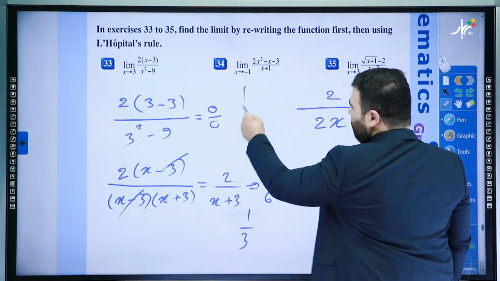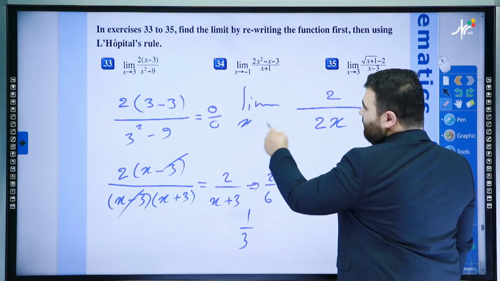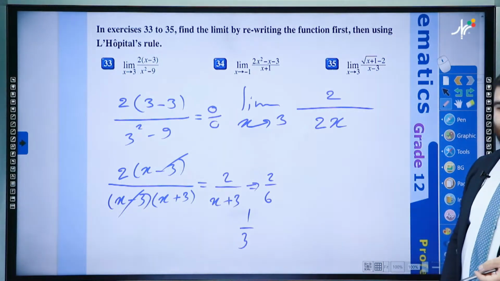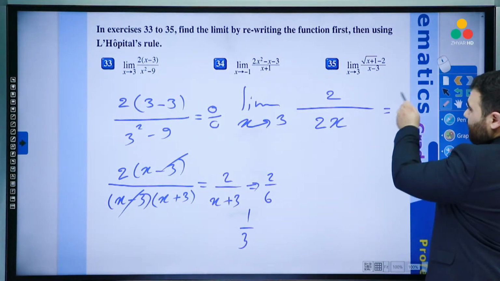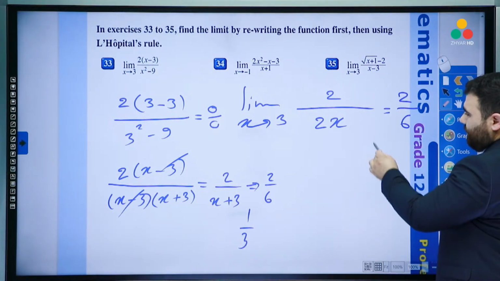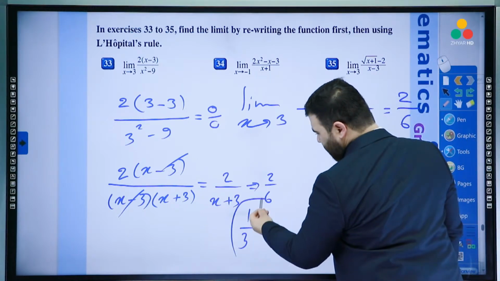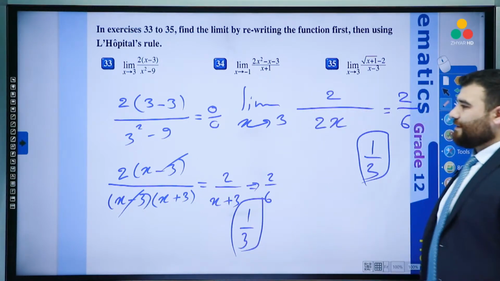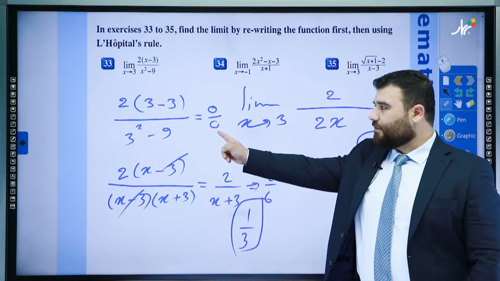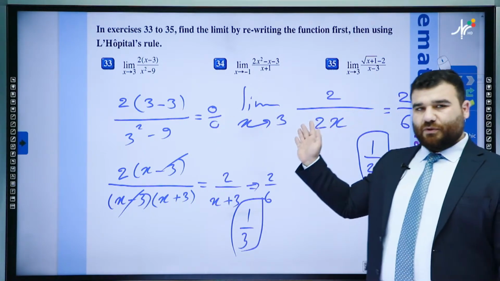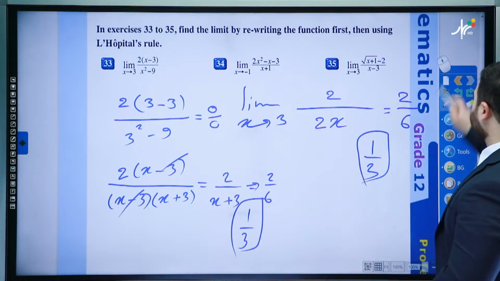Now if I take the limit x tends to 3, then replace x with 3, the answer is 2 over 6, which simplifies to 1 over 3. See the answers? It's the same. So it's better whenever you see 0 over 0, directly use L'Hopital's rule. Don't waste time. Do it and be fast with it.